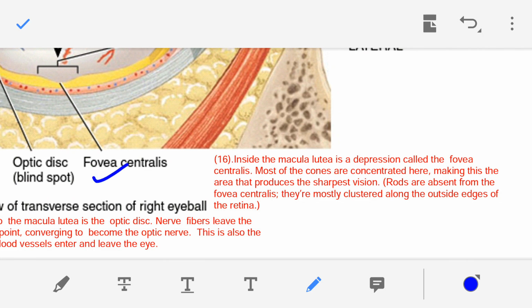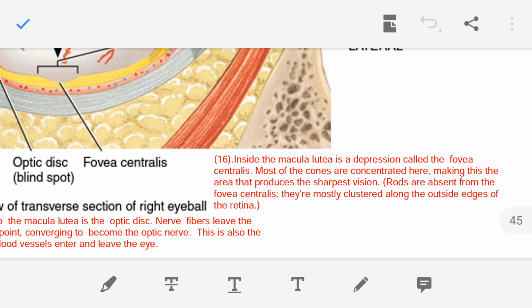Most of the cones are concentrated in this region. As most of the cones are present here, this area produces the sharpest vision. During bright daylight, the Fovea Centralis is the center responsible for our vision.